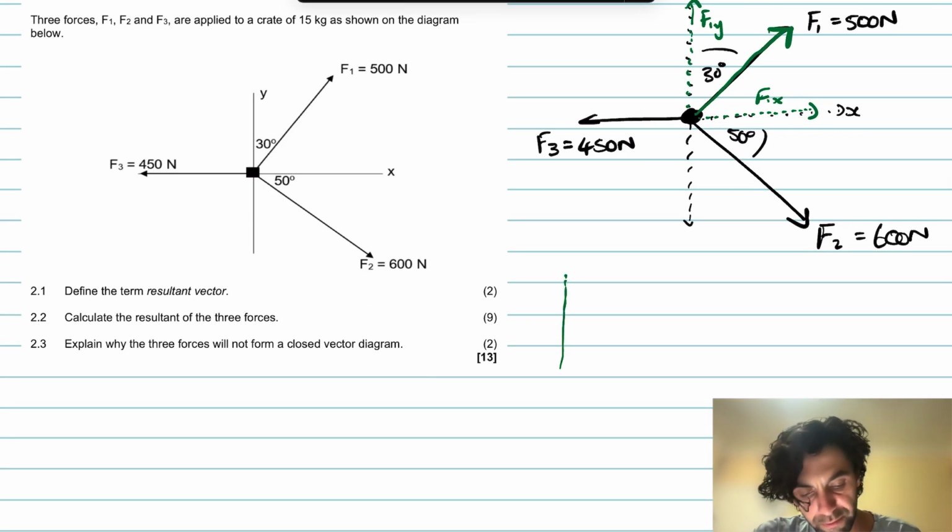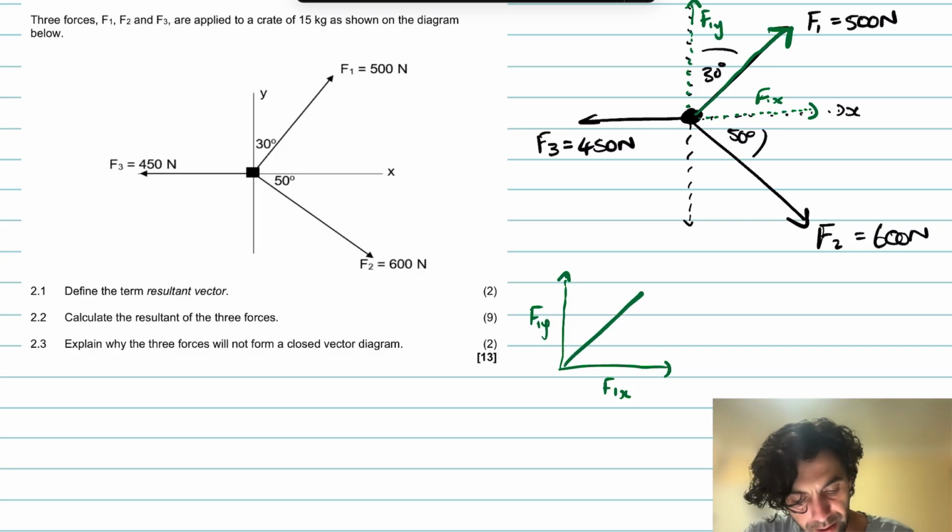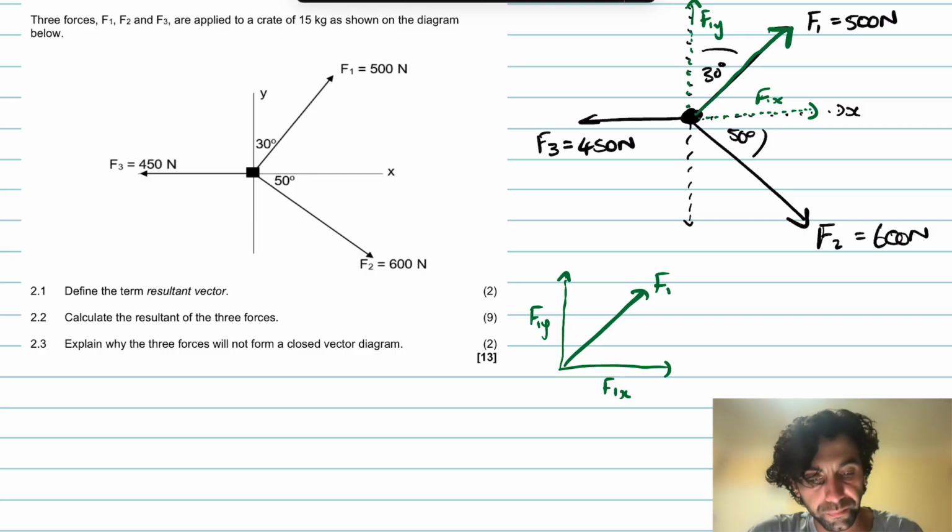So just for reference, I'll draw it over here like this. This is F1x, F1y, and again our force F1 is acting in this direction. Now we know that our 30 degrees is over here.